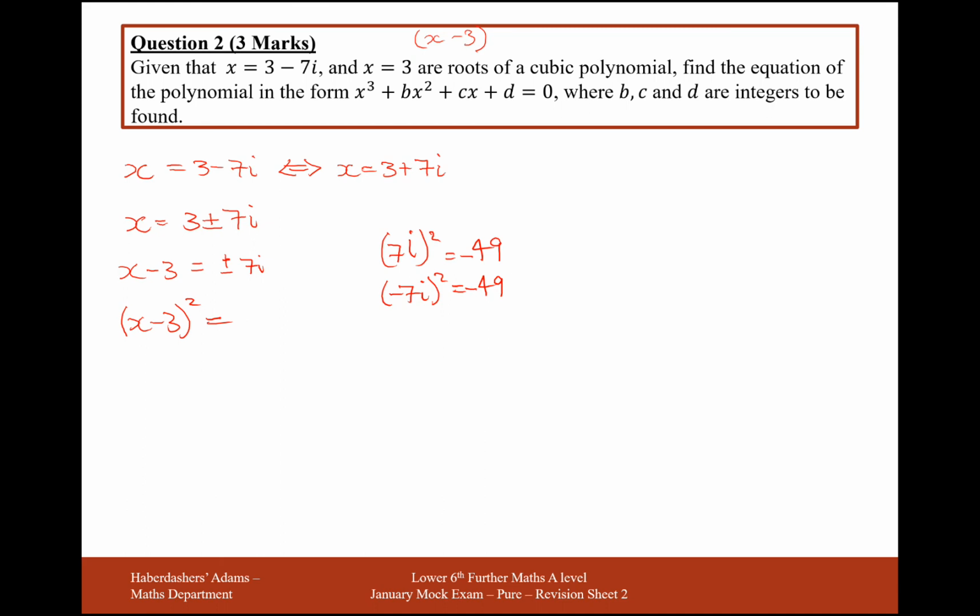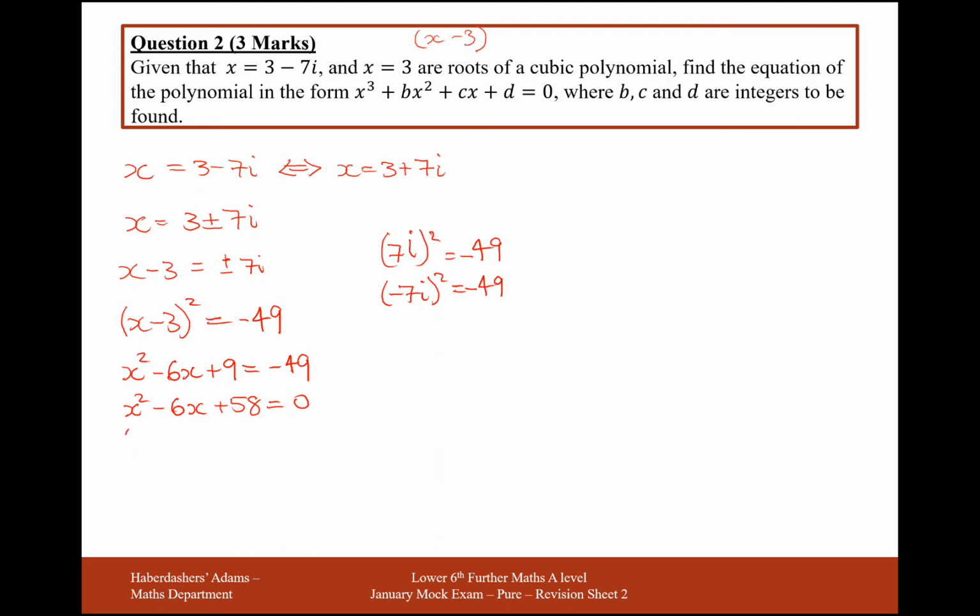So they're both minus 49. Expanding the brackets now, x squared minus 6x plus 9 equals minus 49. And adding the 49 onto the other side, we get plus 58 equals 0. So this is the quadratic that will give 3 minus or plus 7i.